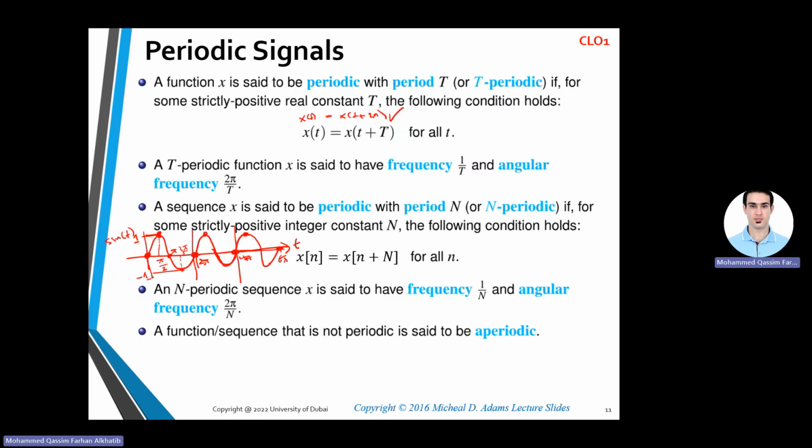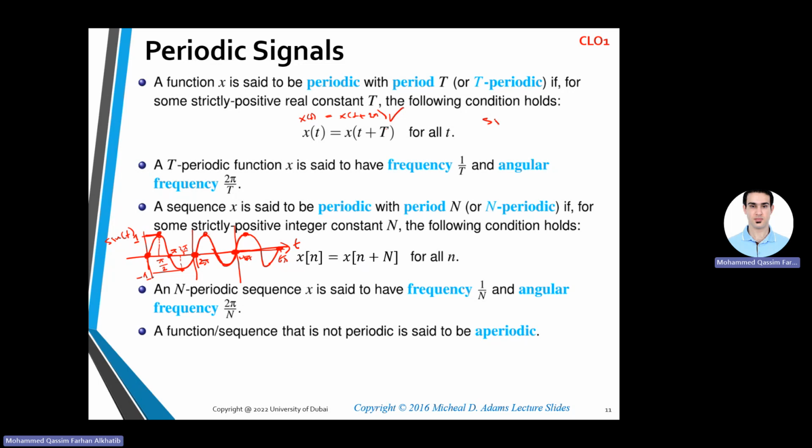All right, so a T-periodic function x is said to have a frequency 1 over T and an angular frequency 2 pi over T. Now, have you heard of angular frequency? Omega, lowercase omega. You've done sinusoids before, right?